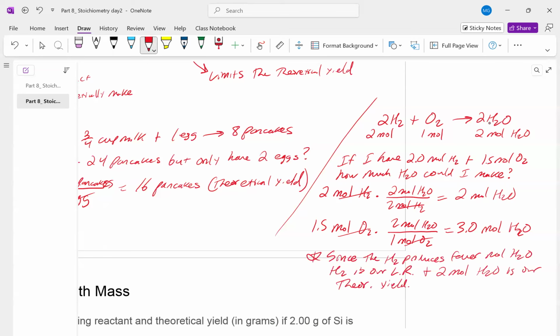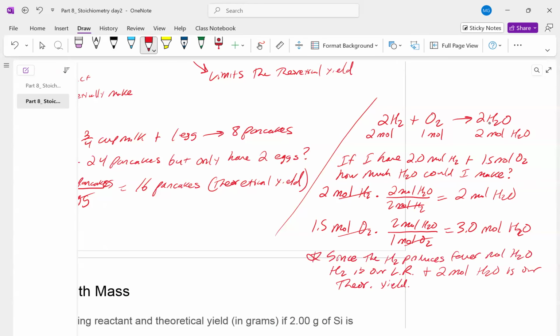Because what would happen is, when we do this reaction, we would run out of hydrogen before all of the oxygen got consumed. So at the end of the day, if we were to run this reaction with 2 moles of hydrogen and 1.5 moles of oxygen, all the hydrogen would get used up. We'd make 2 moles of water, and we just would have a bunch of leftover oxygen.